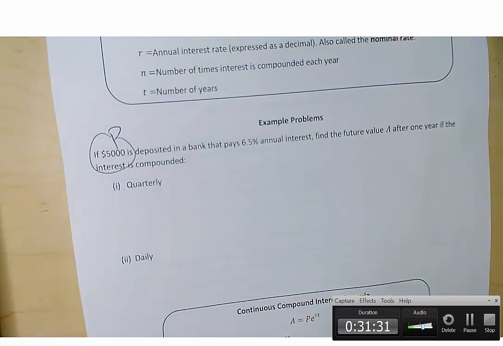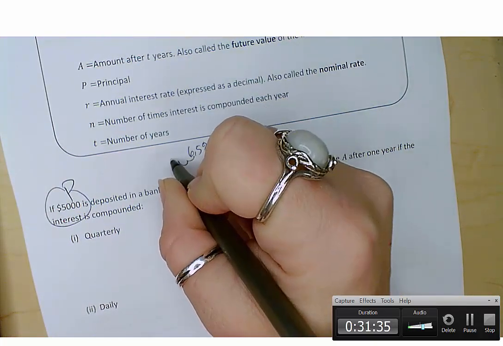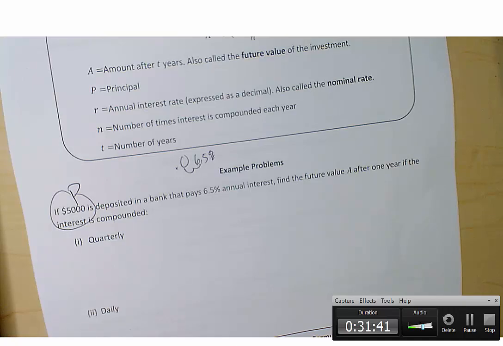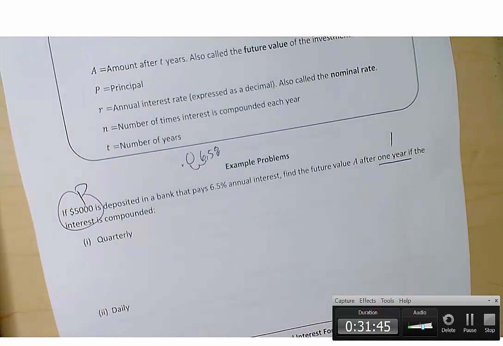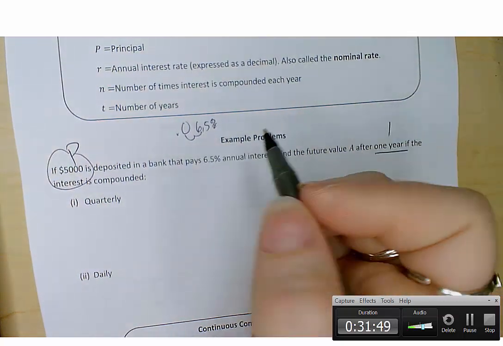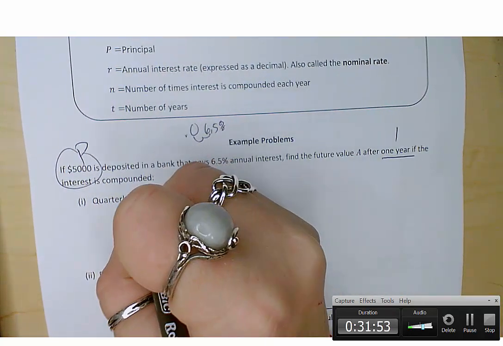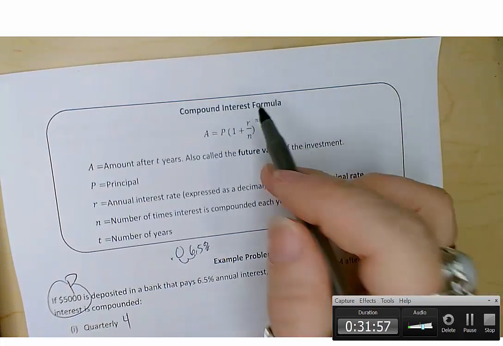That $5,000 is going to be our principal. 6.5% is then going to turn into 0.065 for our decimal there. Our time, it says 1 year, so our time is just going to simply be a 1. And if it's compounded quarterly, there are 4 quarters to a year. That means it is going to be compounded 4 times a year for our n.